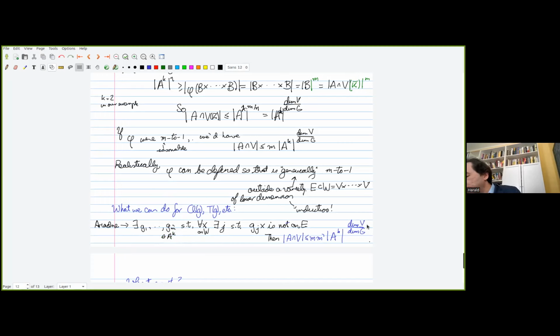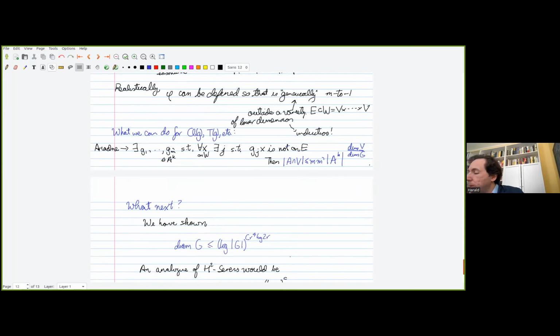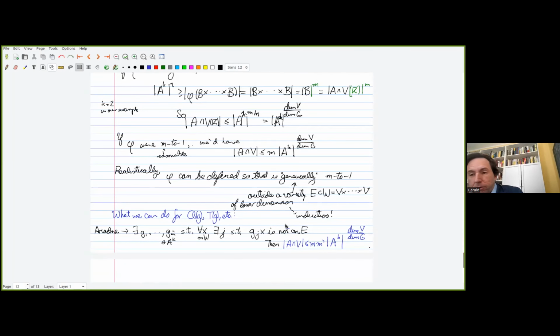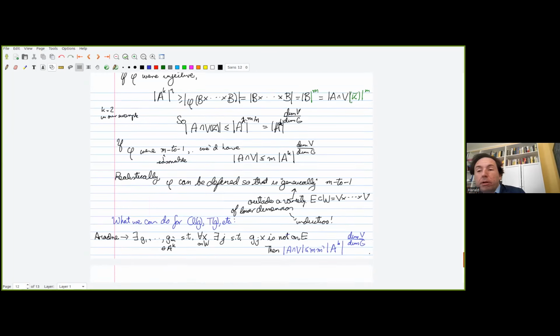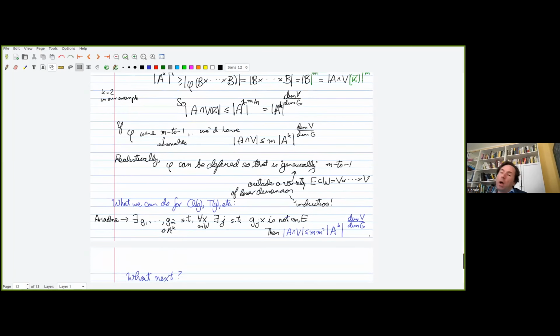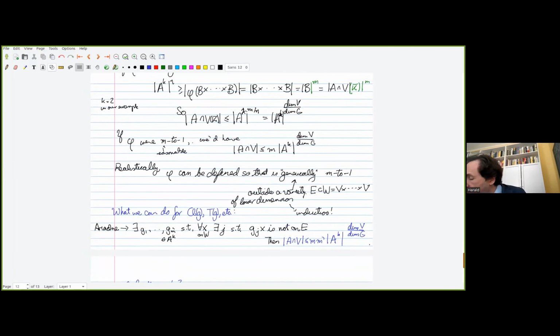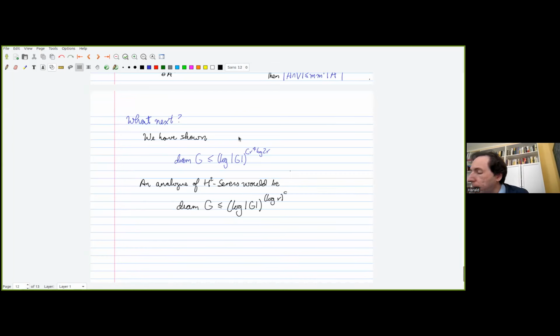And then one of those copies works. So you end up having the bound of the sort you need, with a factor of m in front. No big deal. And that really gives you the dimensional estimates you want for these particular varieties without a nasty constant in front. And that gives you the final result. Okay, so that's what we have shown.